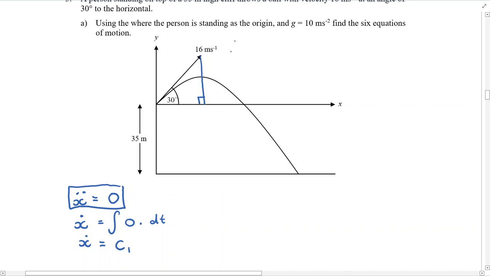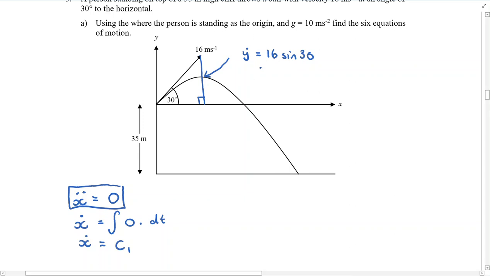So initially, this one here, let's do the shortcut. If I want to find y dot, it would be the velocity times sine of the angle. Is everyone okay with that? So my velocity is 16 and my angle is 30, so 16 sine 30. Sine of 30 is an exact value, which is half.